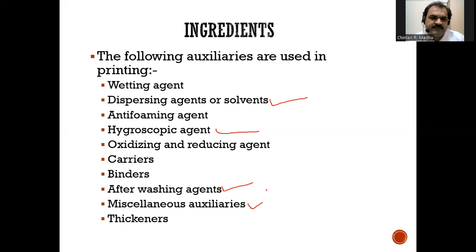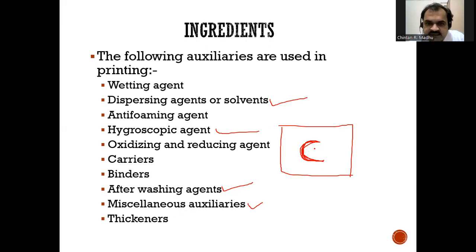Miscellaneous auxiliaries depend on the variety of your dye and variety of your fabric and thickness, of course, because if I want to print at this location only on this fabric, the thickener will help to entrap all the dye molecules at this specific location.